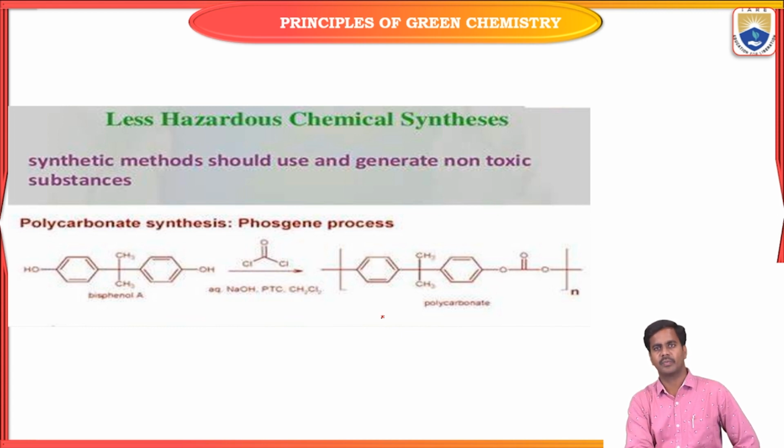So here we use aqueous NaOH and PTC along with phosgene. Then we can automatically decrease the hazardous nature to the environment due to the presence of phosgene in the chemical reaction.